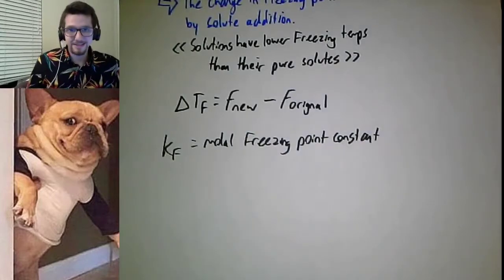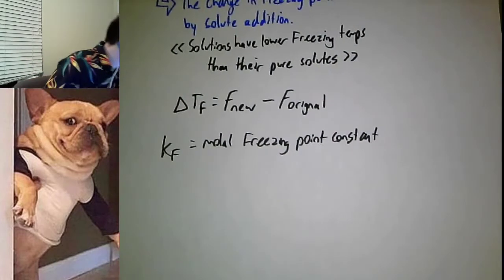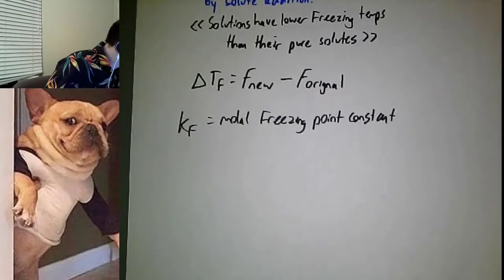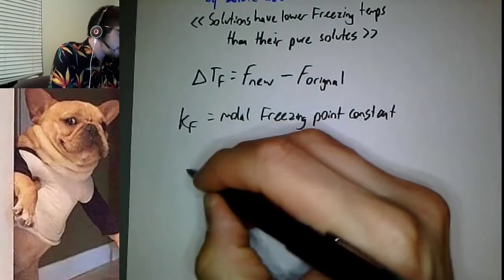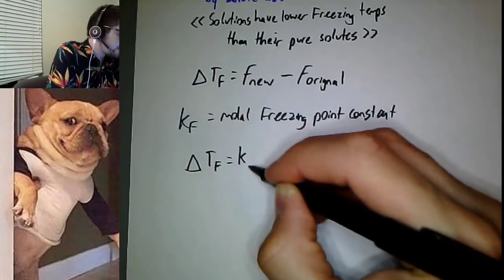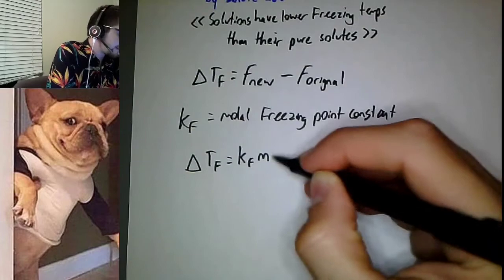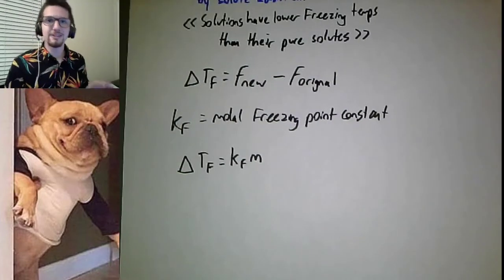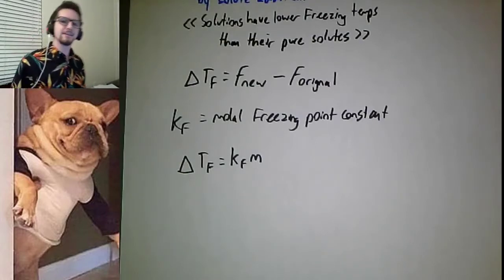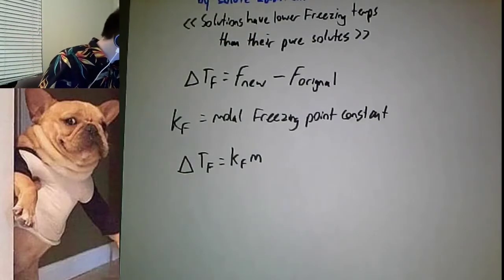Remember, we had the same thing, but it was the boiling point constant? It's literally the same thing. And we have this really magical equation. The change in freezing point equals the freezing point constant times molality. That looks literally just like we did yesterday, because it is the same thing, but instead with freezing points.